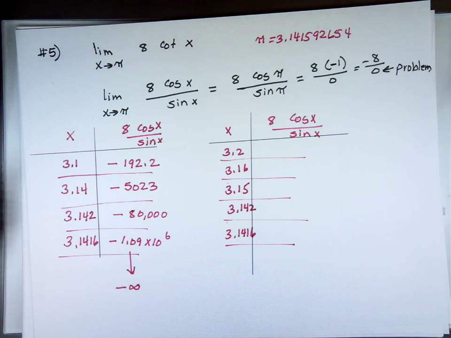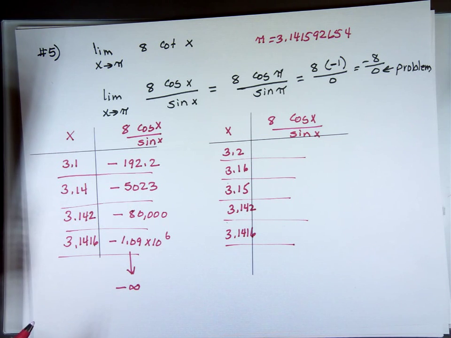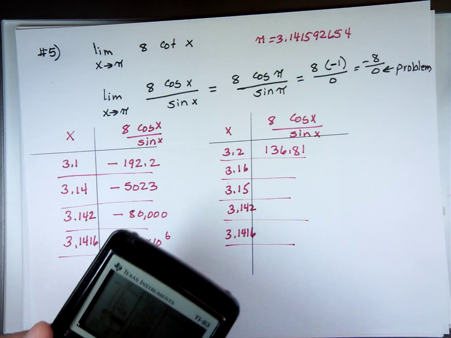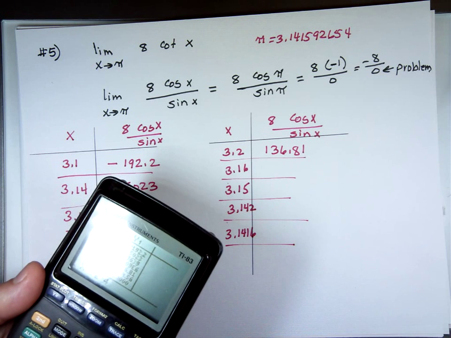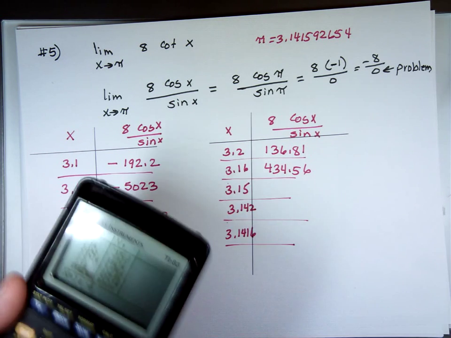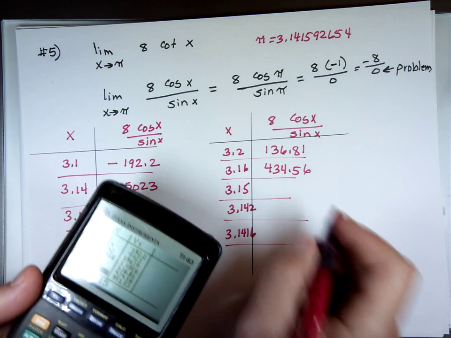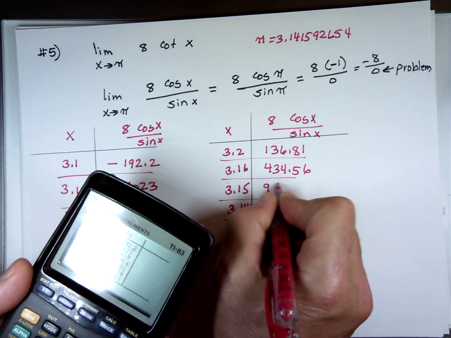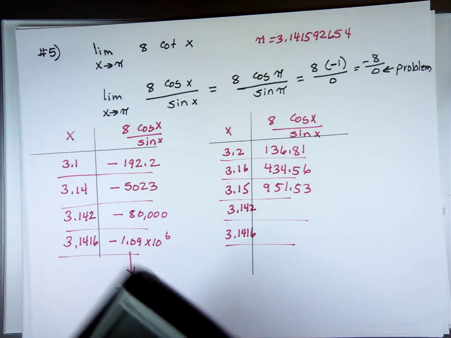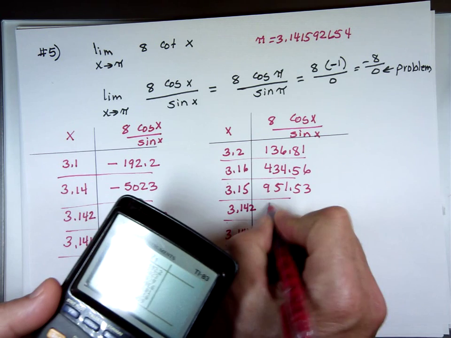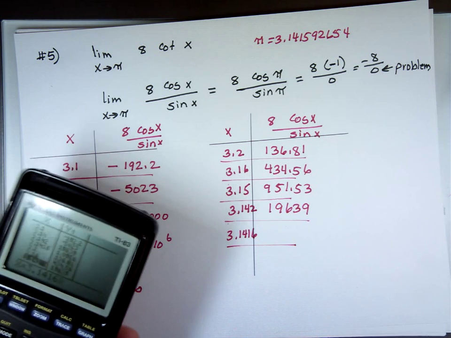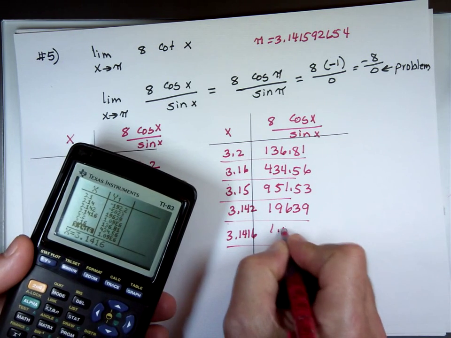Let's look at it from the right side. 3.2 gave me 136.81. 3.16 gave 434.56. 3.15 gave 951.53. 3.142 gave 19639. 3.1416 gave 1.09 times 10 to the 6.